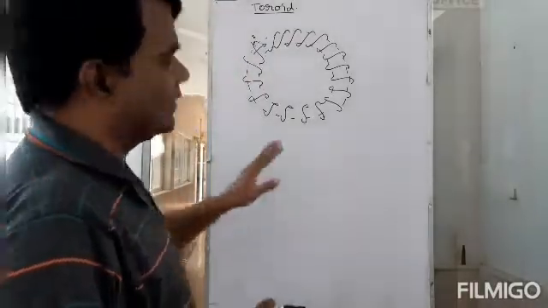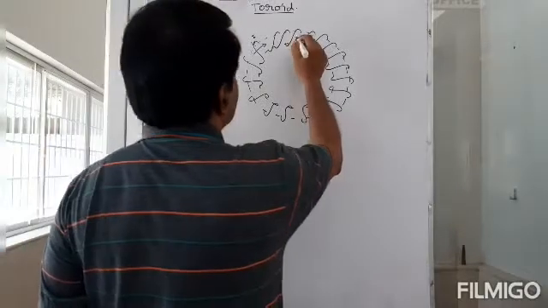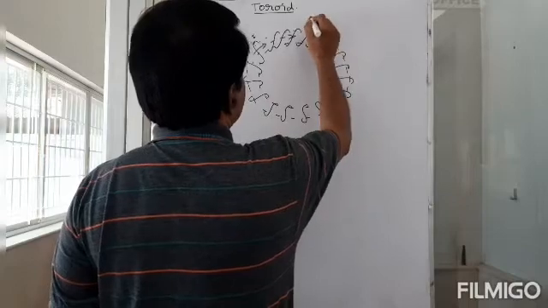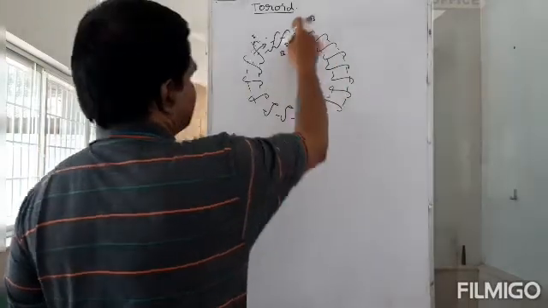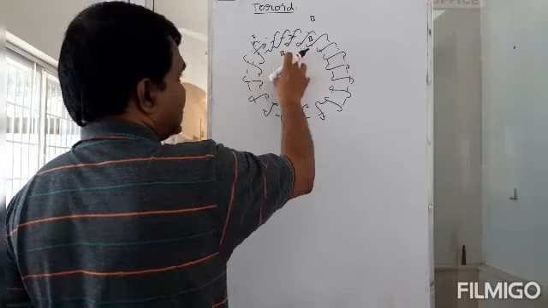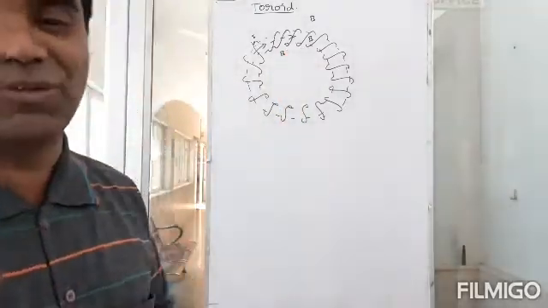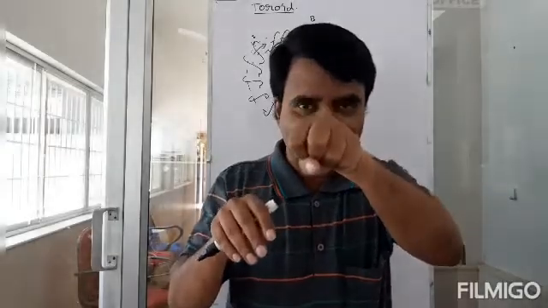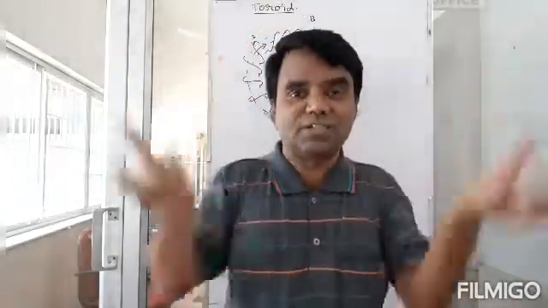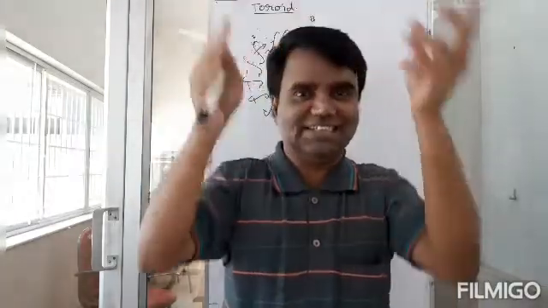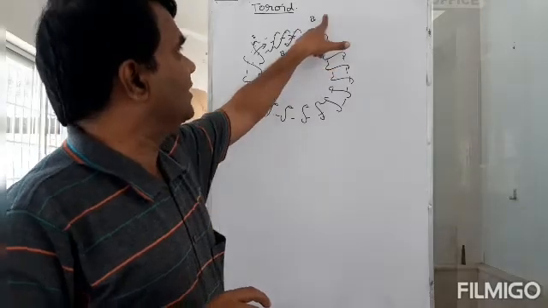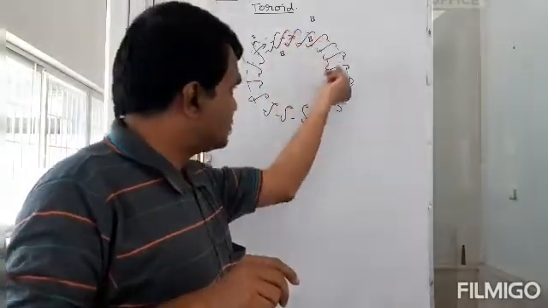Well, I can find B inside, and there could be B outside. If you make a circle, then inside that circle, which is actually outside the toroid, that part has a B, and there is another B which is actually inside the toroidal structure.